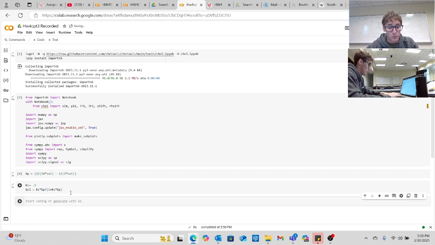So now we're going to do t, y equals sim, GCL, lambda t, and then n equals 1000, and then dt equals 2.